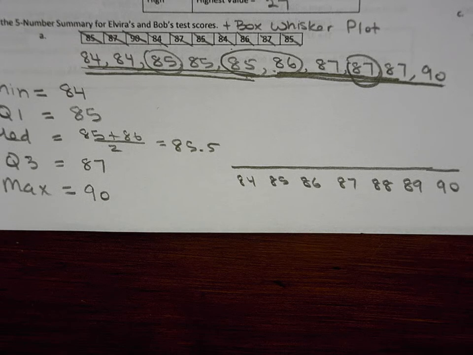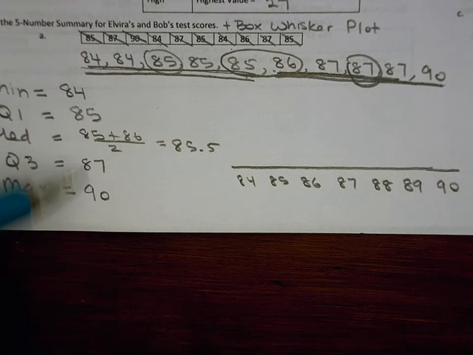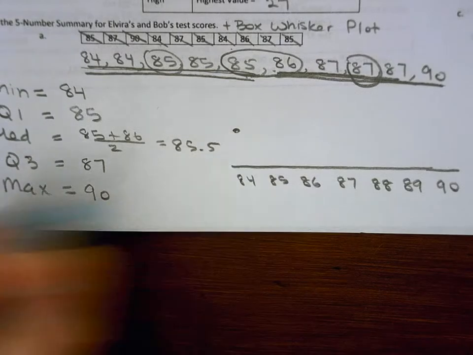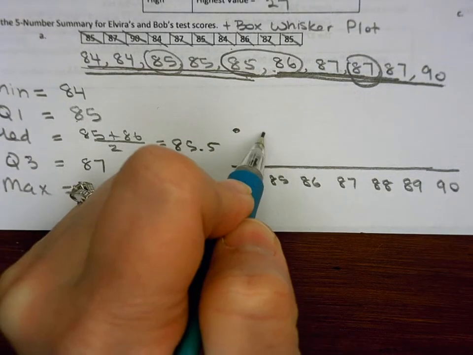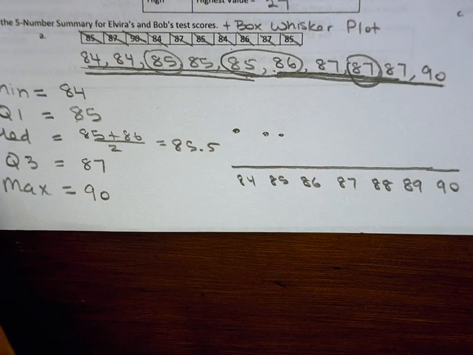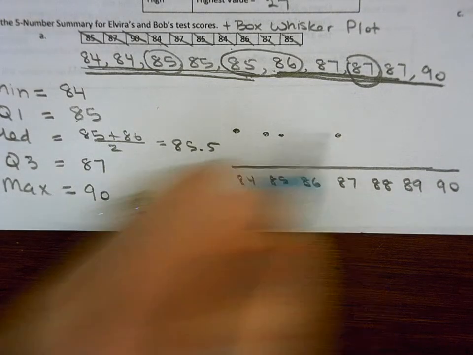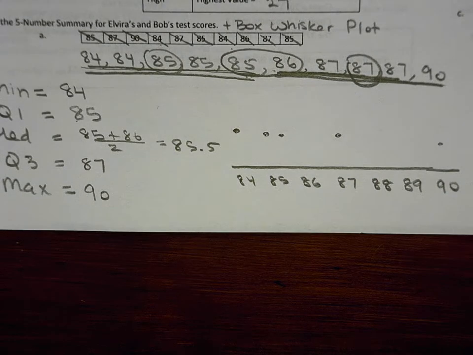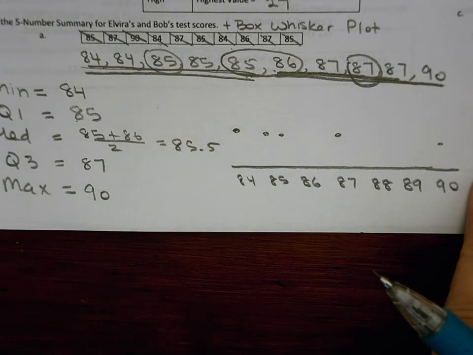So for our box and whisker plot, I'm going to just plot these number values. So I'm going to put a dot above the 84, a dot above the 85, a dot above 85.5, above 87, and above 90. So I put the 5 dots as straight as I could.